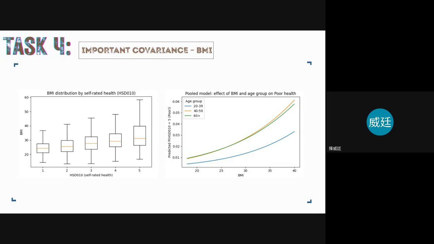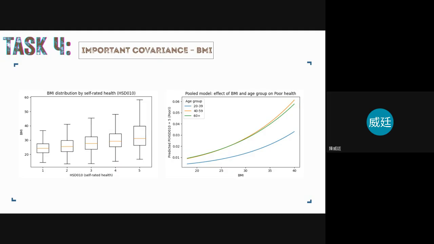And on the right, we show, from the pooled model, the predicted probability of poor health as a function of BMI, with separate curves for the 3 age groups. The x-axis is BMI, the y-axis is predicted probability.